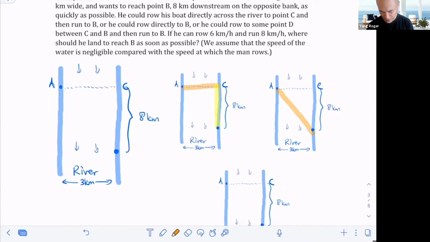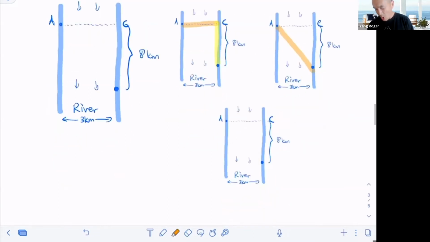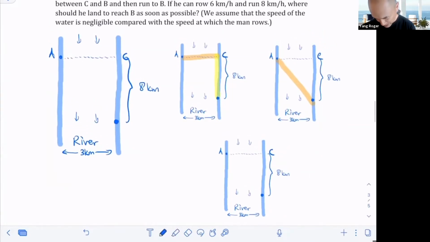And then the third scenario is, you could row to some point D in between B and C. At this point, I realized I forgot to label B. And then they said that D is somewhere in between. So let's put D right here.